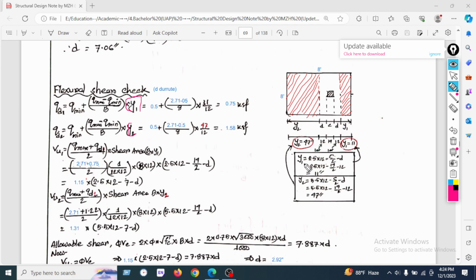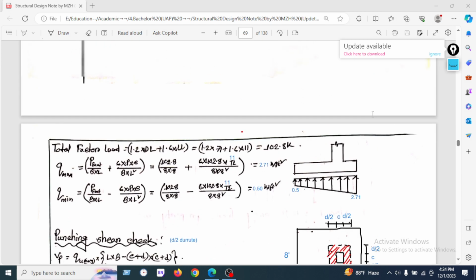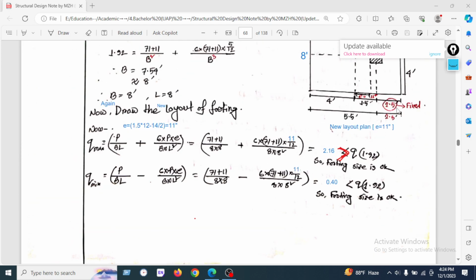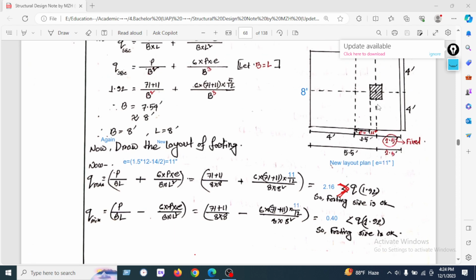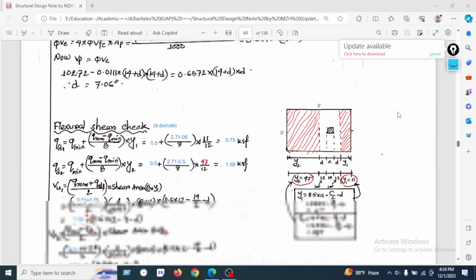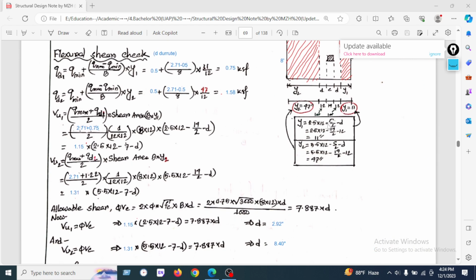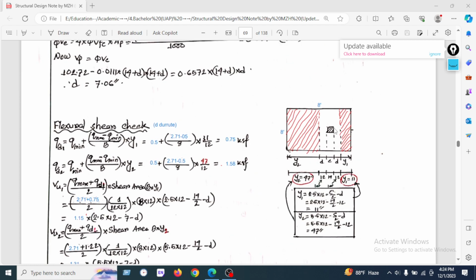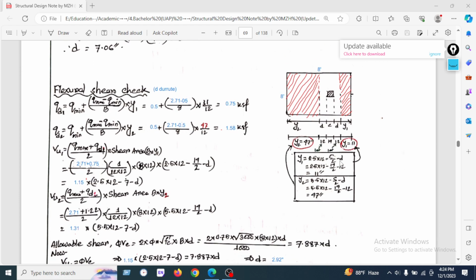So let's see, y1 equals 2.5. Here is the point of 2.5, and it is multiplied by 2. We have seen here this is 2.1, here is 2.5. 2.5 is from the column face to the edge of the footing on the right side. That's why we have 2.5, minus c by 2, where C by 2 is the center of the column, minus d.